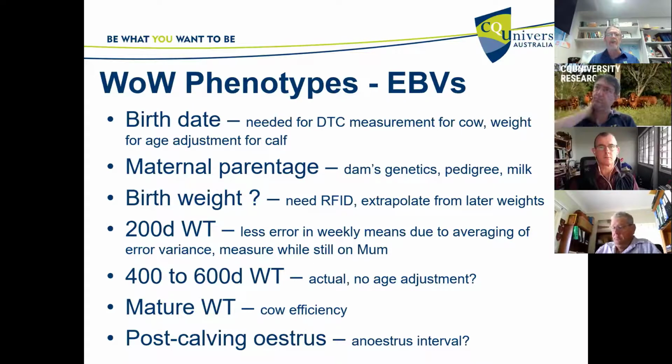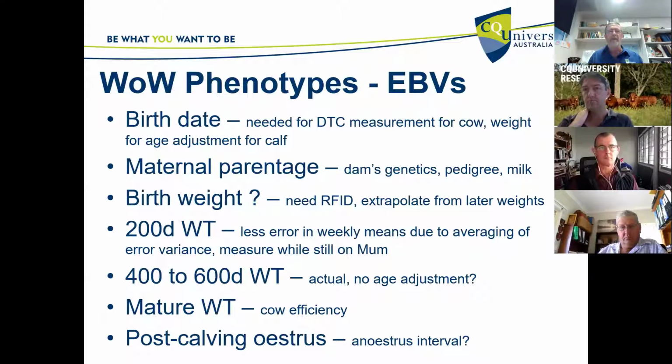In the research herds, we're getting the animals tagged at birth, so we're able to look at getting birth weights, although we have found that generally speaking, calves don't cross the system until a couple of weeks after birth. So we've put that one on the back burner. It may be possible to extrapolate birth weight from later weights once they've been branded and put RFIDs in, but we'd need to do a bit more work on that.